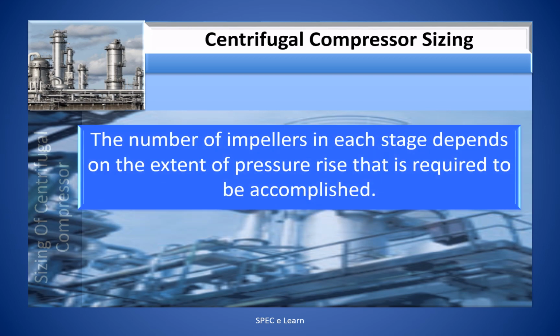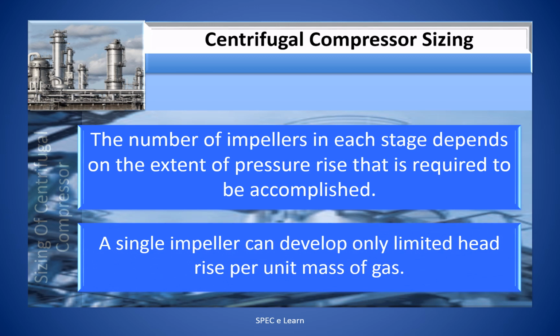The number of impellers in each stage depends on the extent of pressure rise that is required. A single impeller can develop only a limited head rise per unit mass of gas.